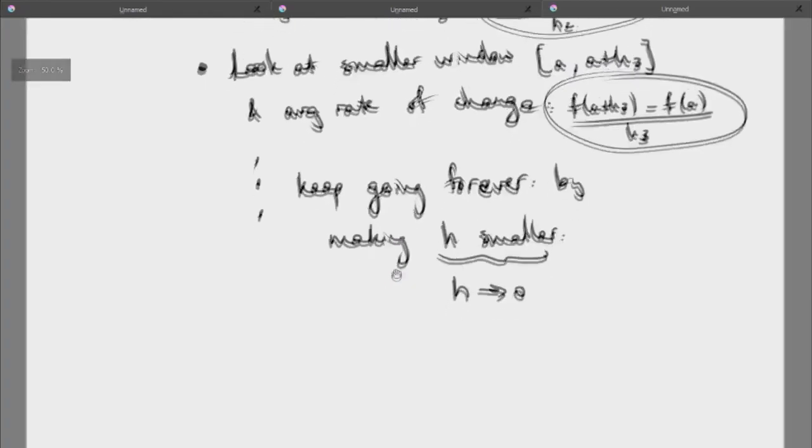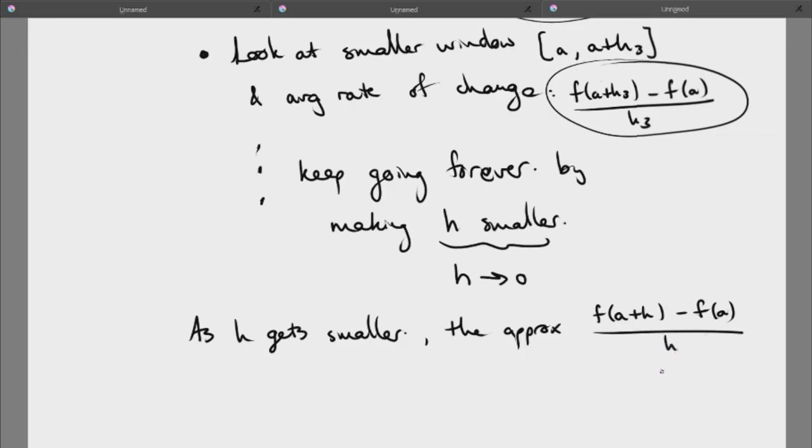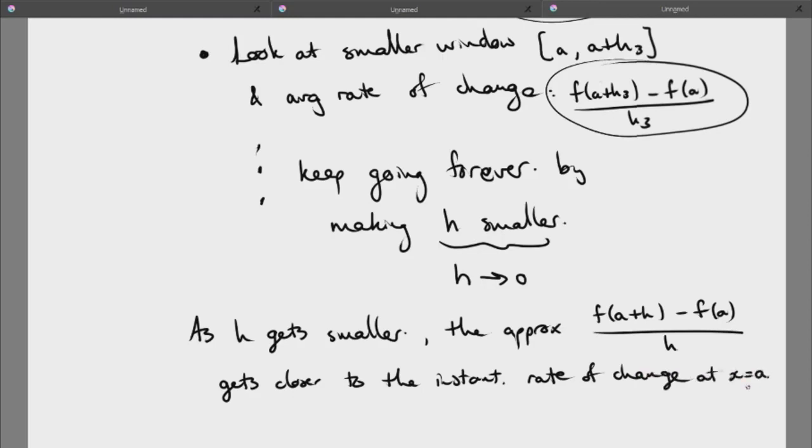Let's write that down. So as h gets smaller, if the function behaves nicely, the approximations, I'll squeeze it in here, all the average rate of change calculations looked like that, gets closer to the instantaneous rate of change at x equal to a.